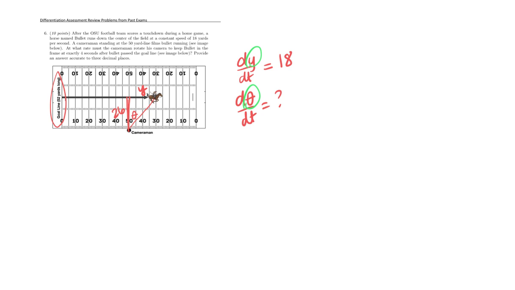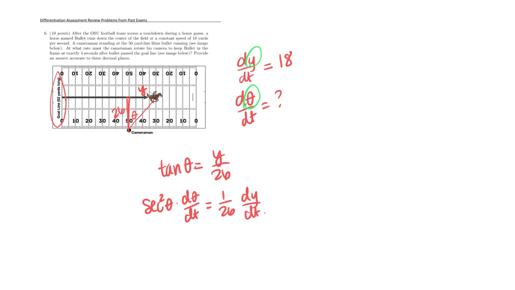If I look at my picture, tangent of theta is equal to opposite over adjacent, so y over 26. Now I can take the derivative of that implicitly with respect to t, and I'll get secant squared theta times d theta dt is equal to 1/26 dy dt.